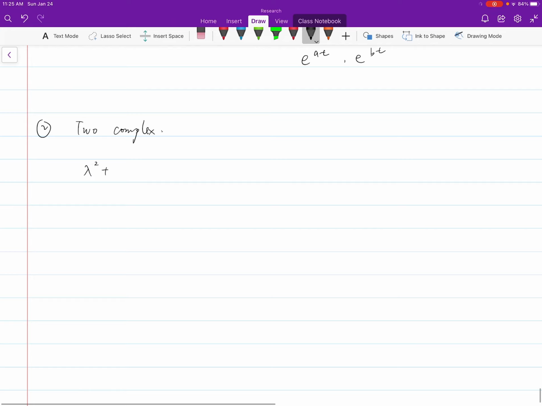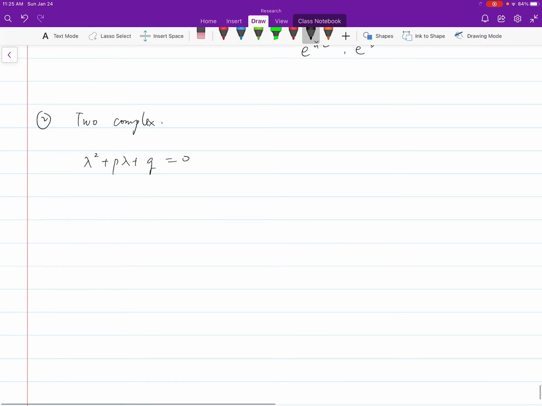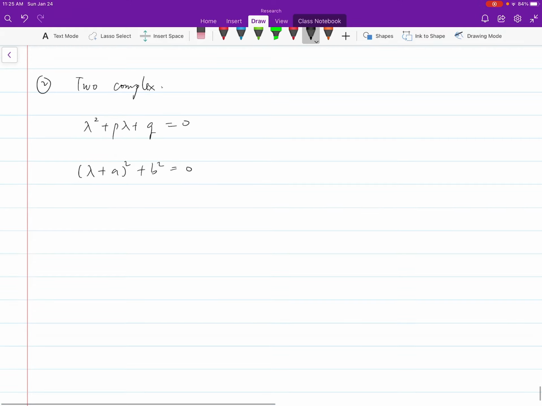That means when you do this, you have lambda squared plus p lambda plus q equals 0. And somehow you did it. You can actually do (lambda plus a) squared plus b squared equals 0.